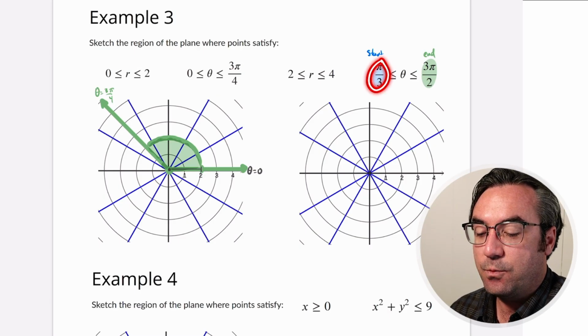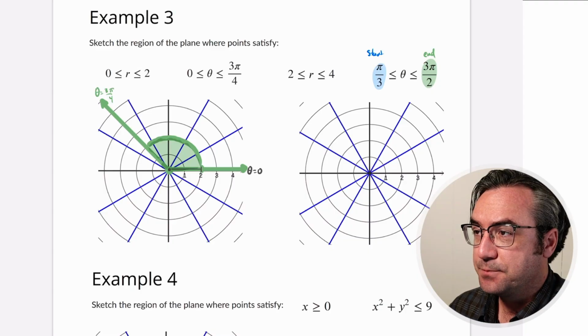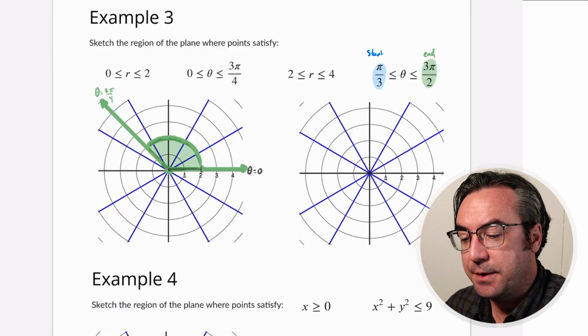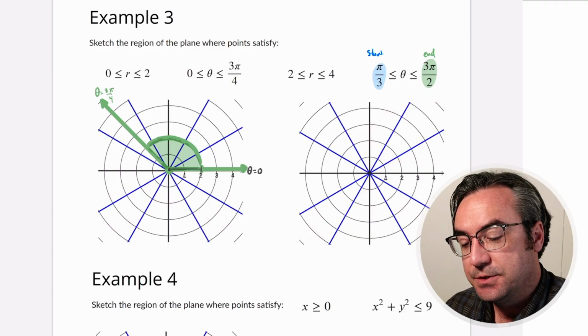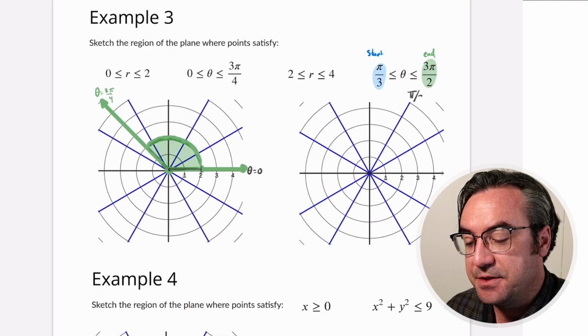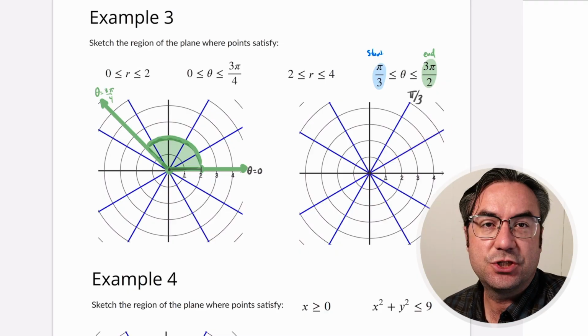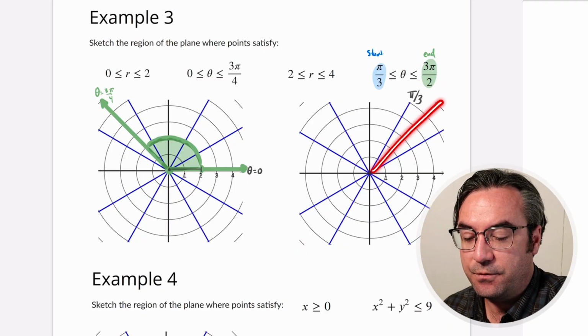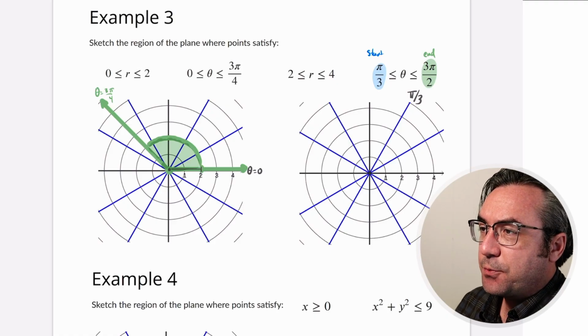So let's first find where these two rays are on our polar grid. So pi over 3. Where is pi over 3? Well, that's one of our main angles that sits in the first quadrant. So pi over 3 is this one right here. Pi over 6 is the shallow one. And then pi over 4 is right in the middle there. And then where is 3 pi over 2?